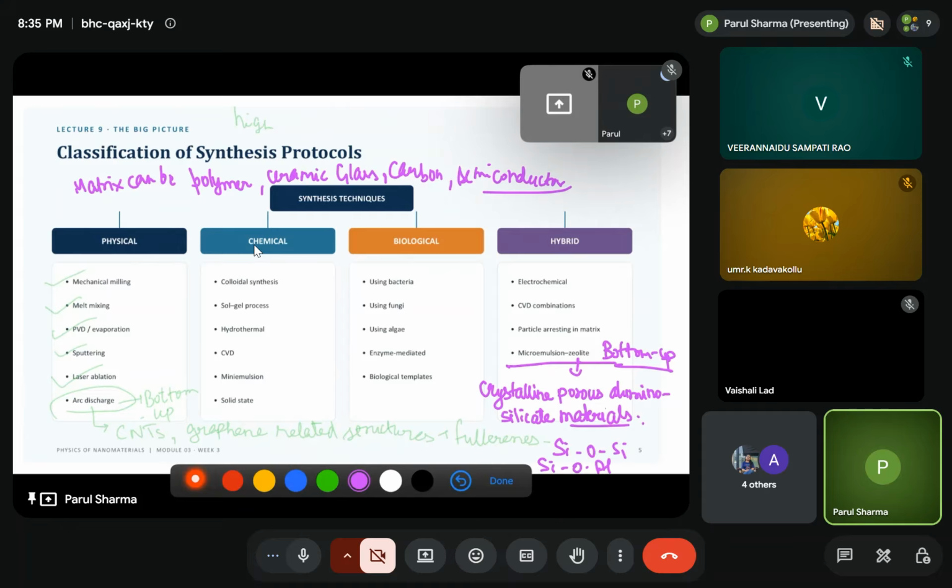So like typical microemulsion, we can use the oil phase, water phase, surfactant, and zeolite precursors. In zeolite precursor, we can use the silicon source, aluminum source. So these water droplets, similar to the case of mini emulsion, tiny water droplets will form.